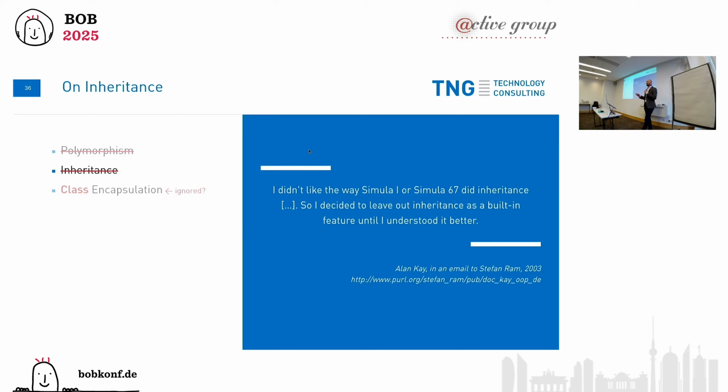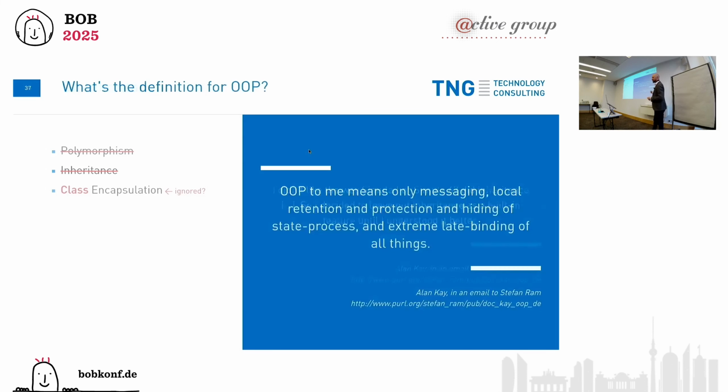But if we get rid of most of the things that characterize OOP nowadays, what does even remain? Luckily, Alan Kay goes on to give a short and succinct definition of what he thinks OOP is all about. OOP to me means only messaging, local retention and protection and hiding of state process, and extreme late binding of all things.